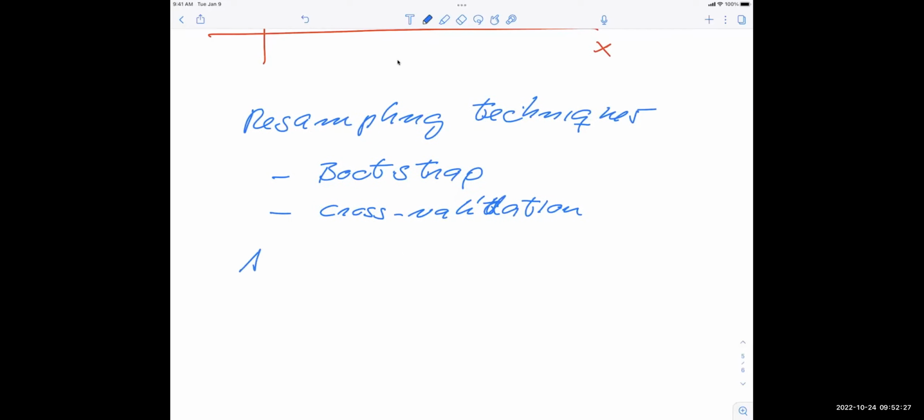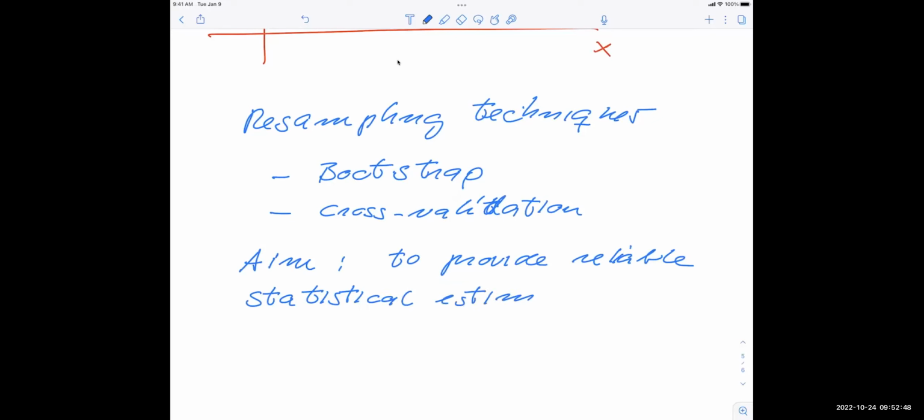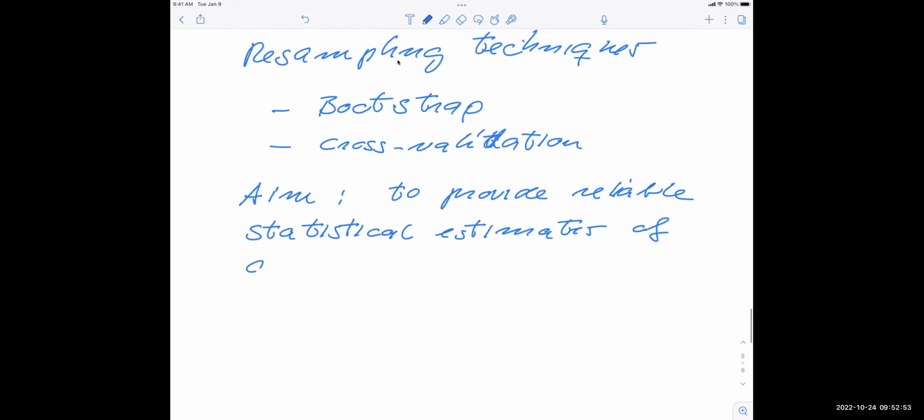The aim with these methods is to provide reliable statistical estimates of quantities like the mean error, the mean value, quantities like the variance of a given variable.